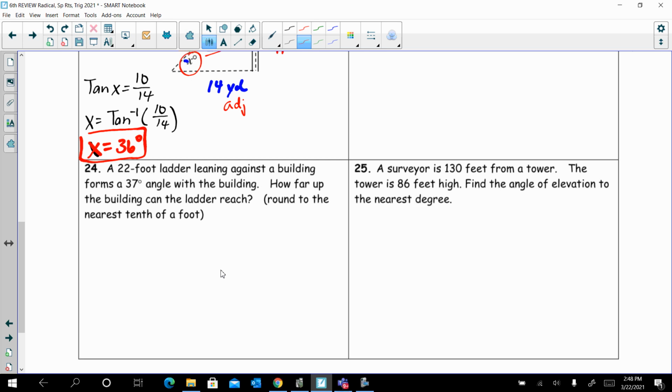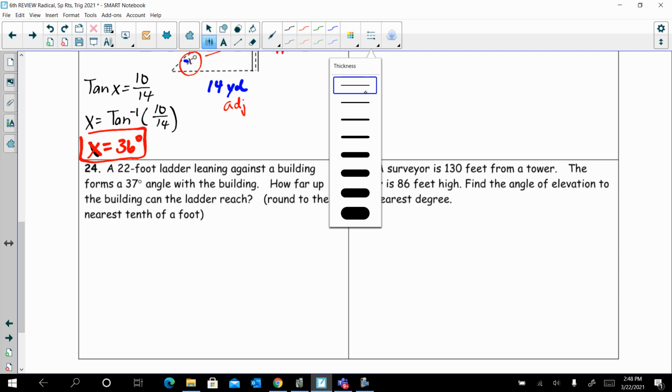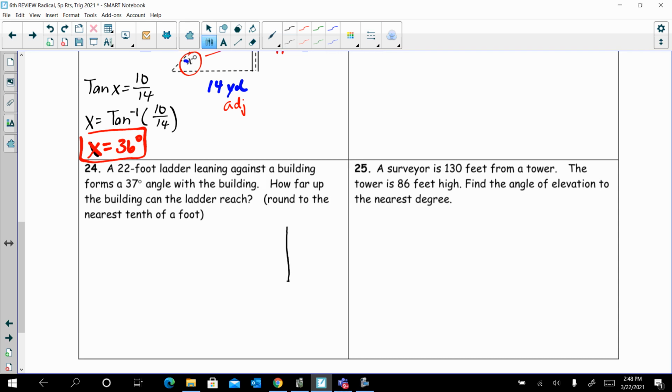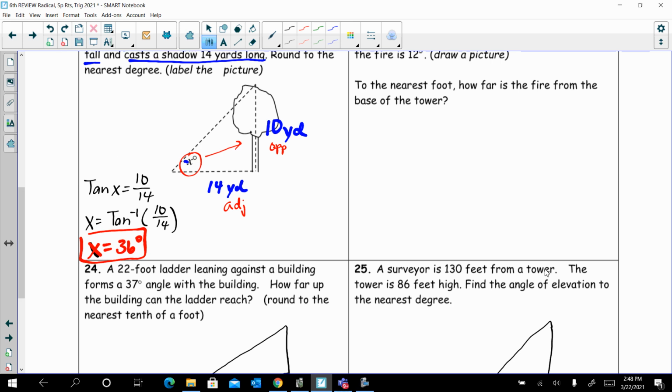So anything that does not have a picture, you need to always use a right triangle. It doesn't care if it's to scale, you need to create a right triangle always for all of the ones that do not have a picture. And it doesn't have to be to scale.